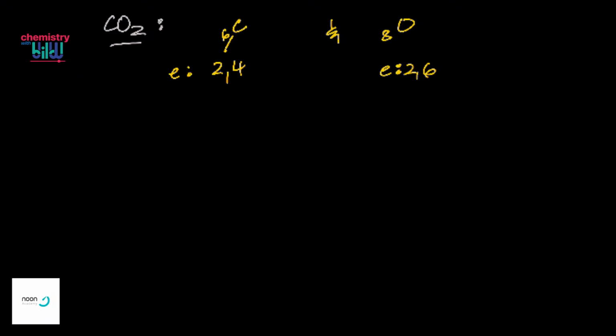And if you remember, earlier on we did the idea of valency. Valency was the number of electrons needed to share or to lose. So carbon needs to gain 4 electrons, while oxygen needs only 2 more. So you can say carbon has a valency of 4, oxygen has a valency of 2.